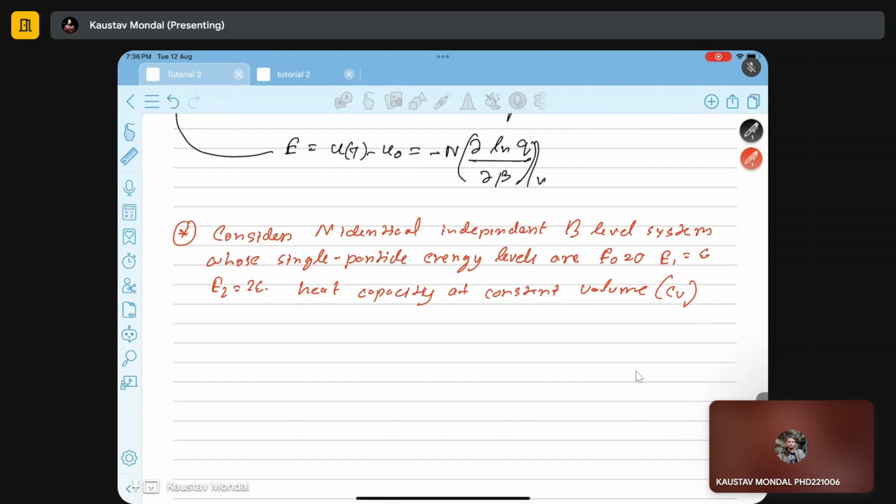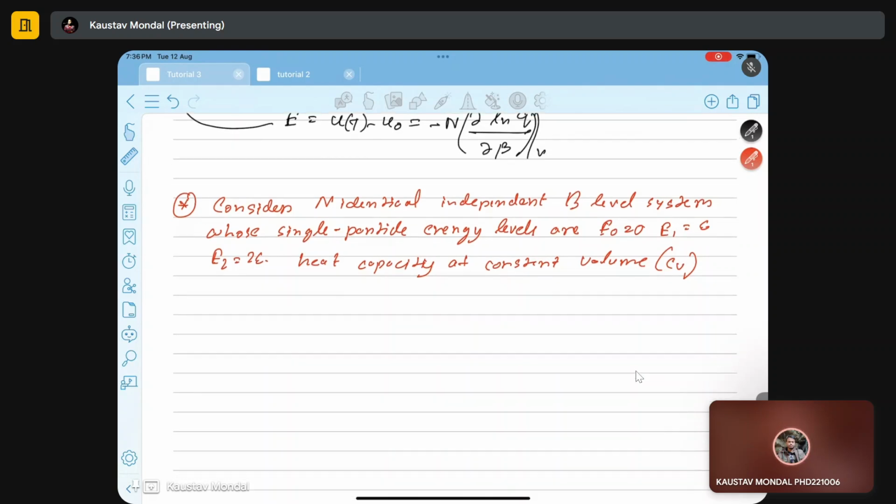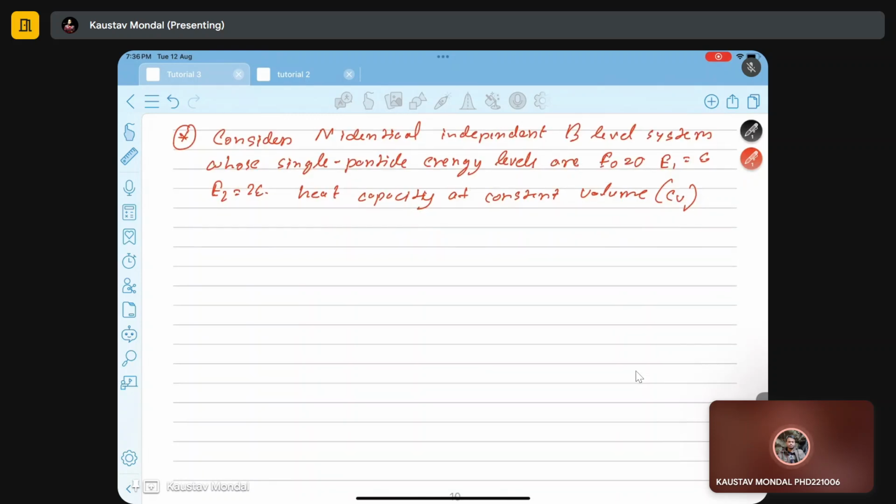So what we will do, we will first write the partition function. There are three energy levels, 0, epsilon and 2 epsilon. Three energy states are there.